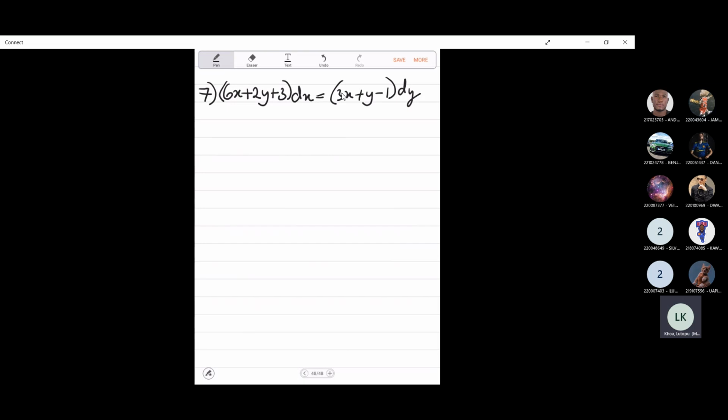Then we will have 6x plus 2y plus 3 is equal to 0. So in standard form, we have y is equal to negative 3x minus 3 over 2.